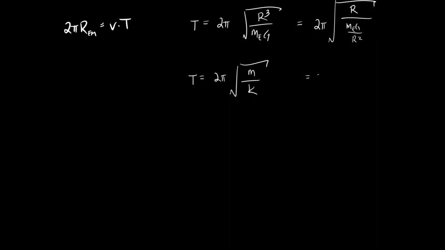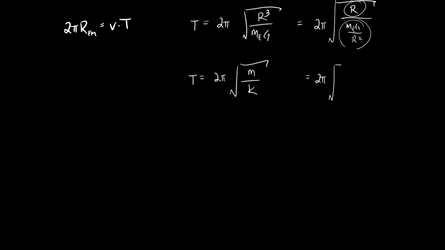And for a pendulum, that inertia was just L over g, because the L represented the portion of the inertia related to the moment of inertia of a point mass. This is still representing the moment of inertia of a point mass in the numerator. And this is the restoring force, the portion of the force of gravity causing the planet to be in circular motion. It's the same stuff, it's just laid out again right in front of you.